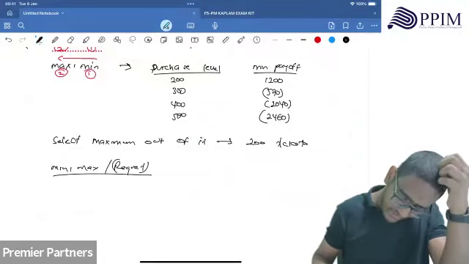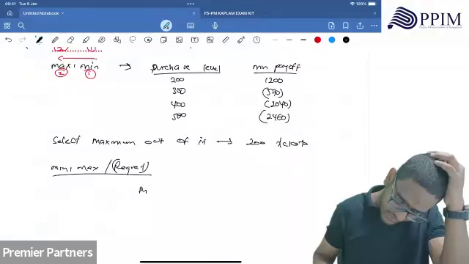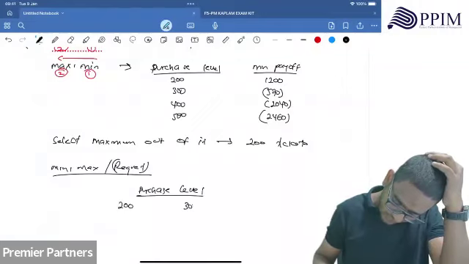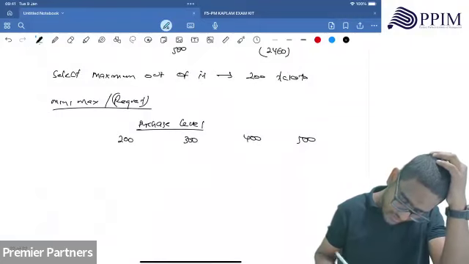So how do you create a regret table? Put your purchase levels on top. So you have 200, 300, 400, 500.